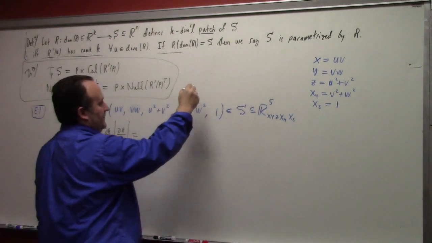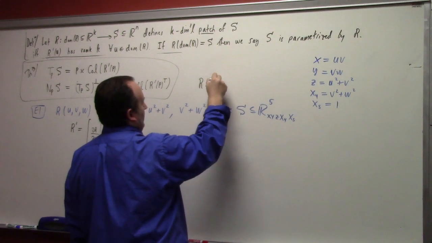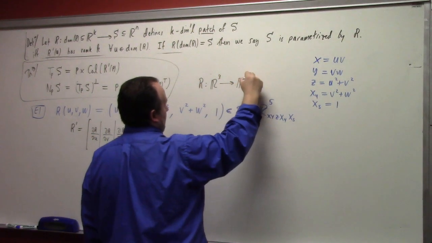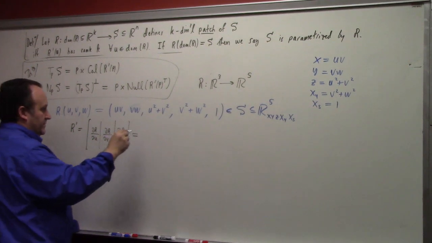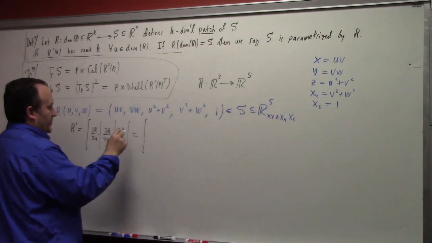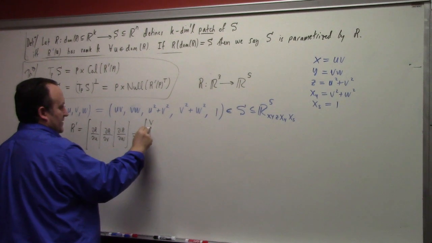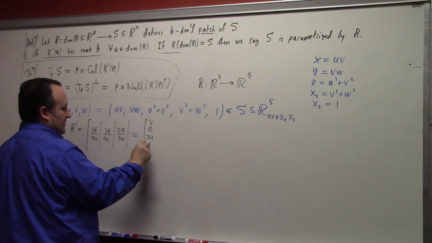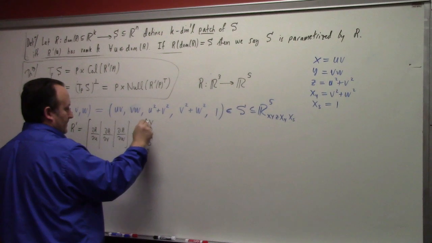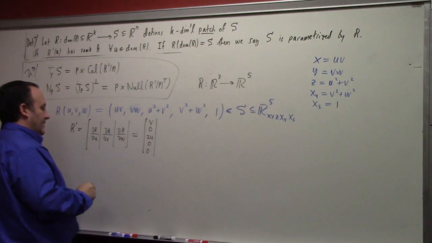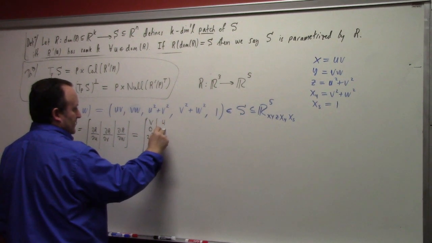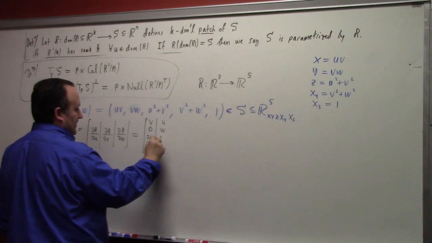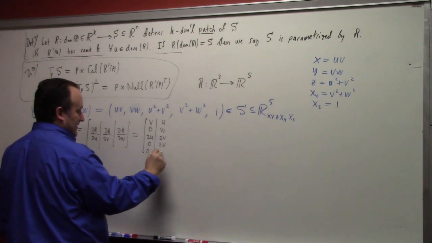Because R is a mapping from R3 to R5, which makes it a 5 by 3, 3 columns, each column 5-dimensional. Okay, so easy enough. Partial U, I get myself a V, a 0, a 2U, a 0, and a 0, right? And then what's partial v? Well, partial v, I get a u, a w, a 2v, a 2v, and a 0.